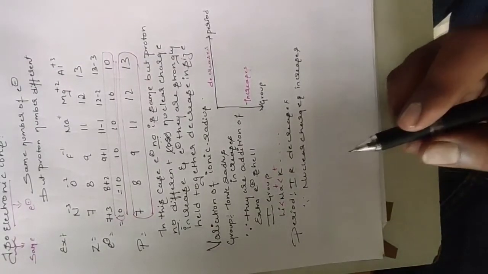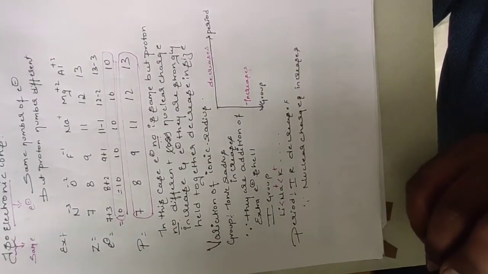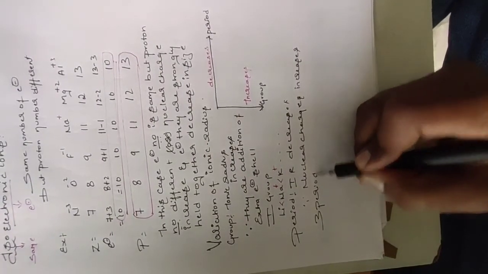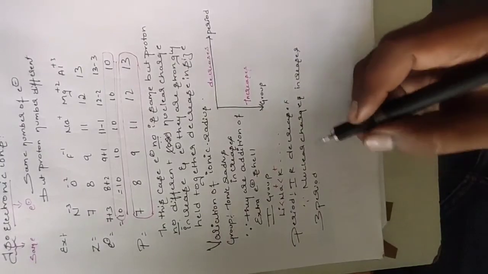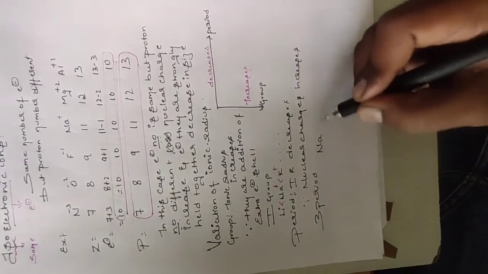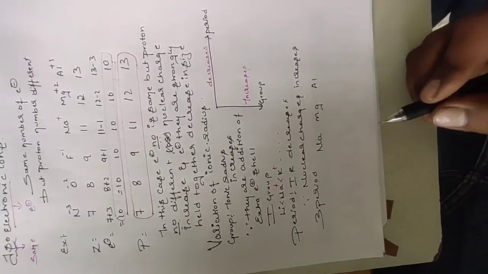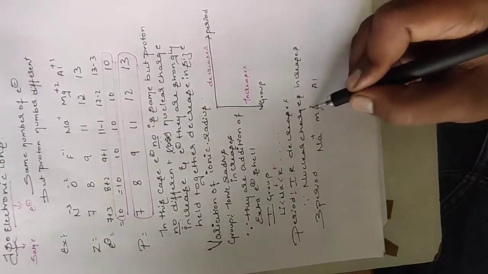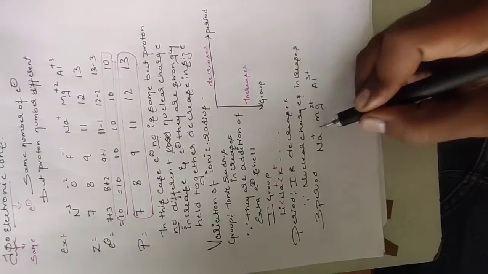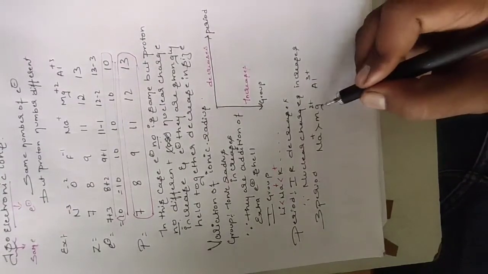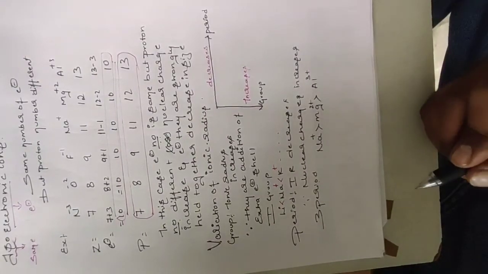Okay, for example, take the third period. In this we know sodium, magnesium, aluminum: Na plus, Mg2 plus, Al3 plus. Sodium is greater than magnesium, magnesium is greater than aluminum.